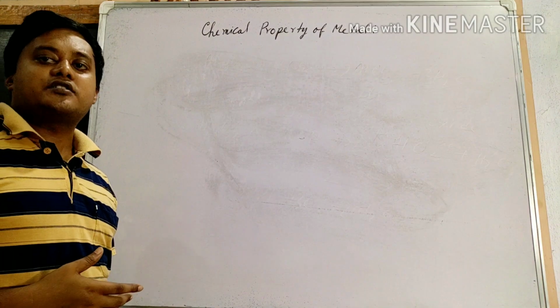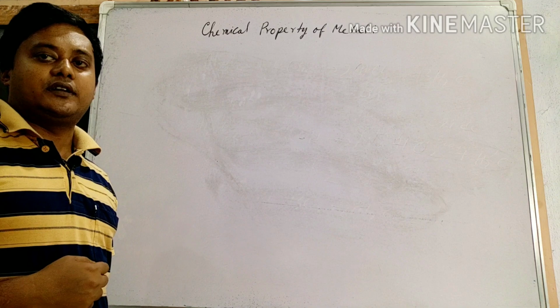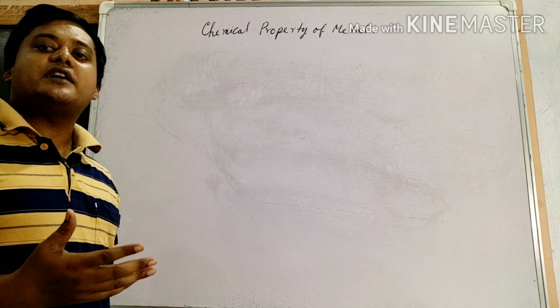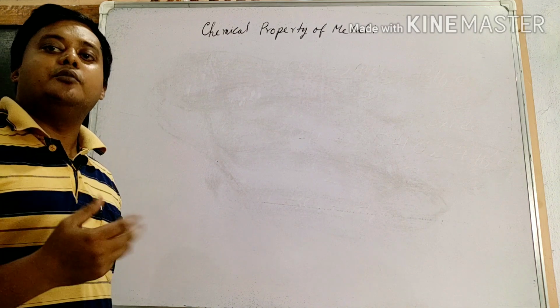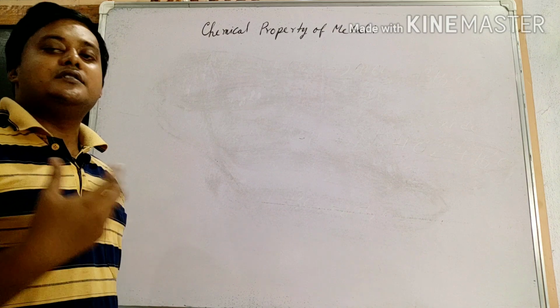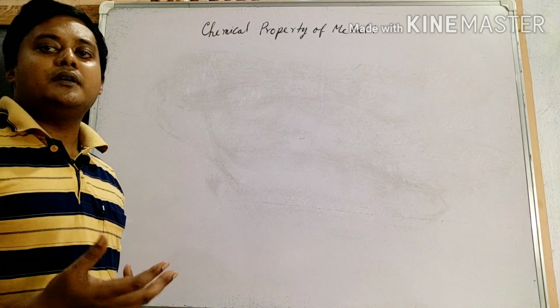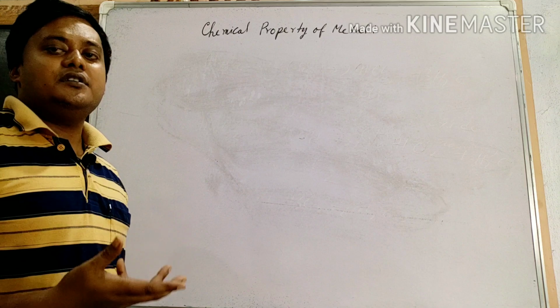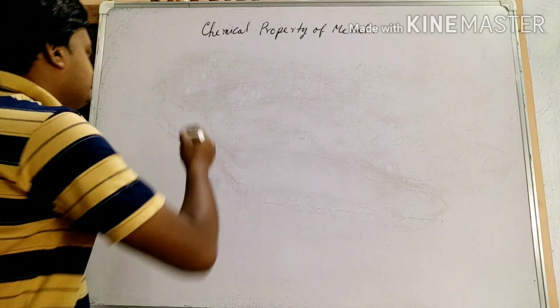Most of the metallic oxides are insoluble in water. Only sodium oxide and potassium oxide are soluble in water. They easily dissolve in water to form alkali, NaOH and KOH.